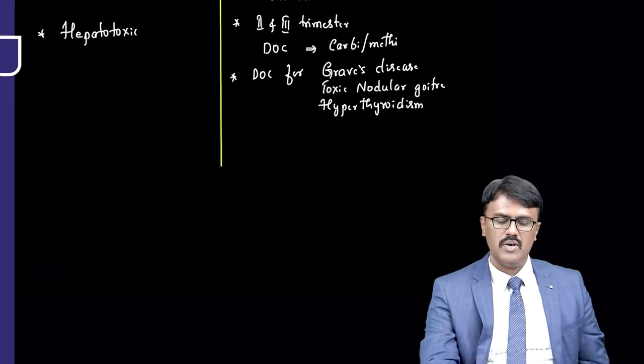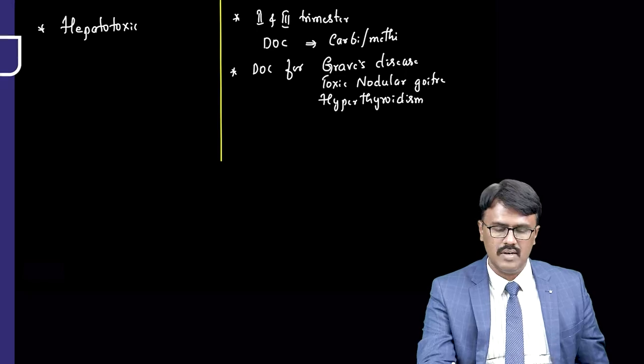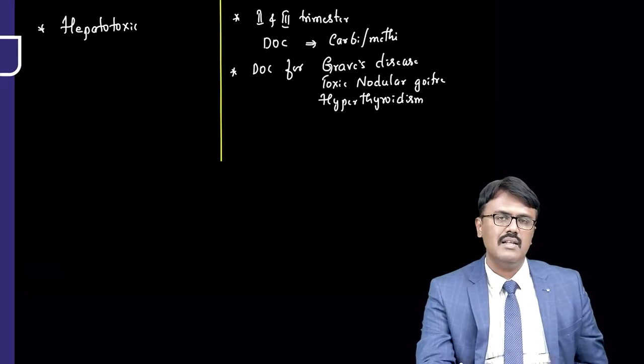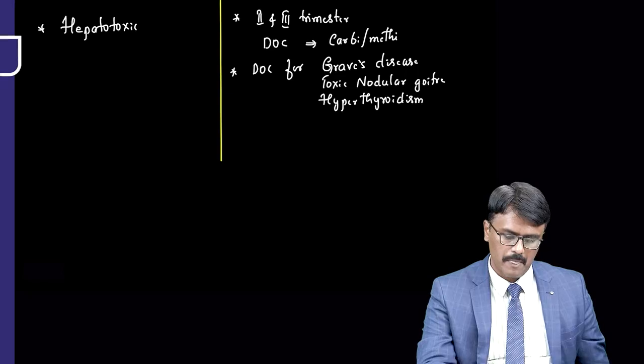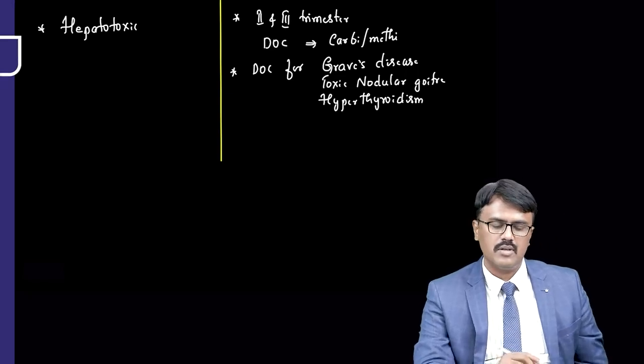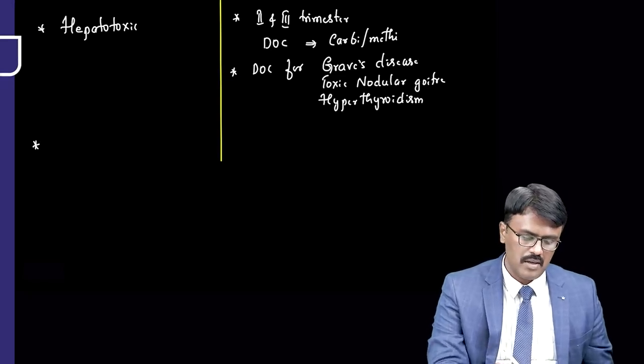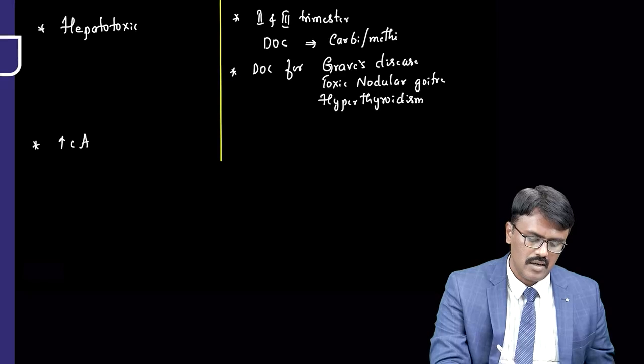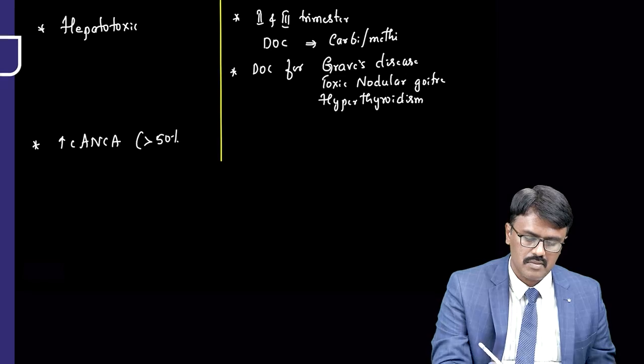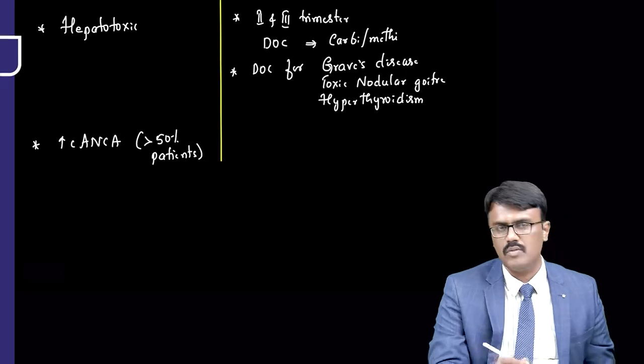The reason is simple, because these are longer acting, that's the advantage, and they stay in the thyroid for a very long period. Now they don't have the hepatotoxic problem. The second important problem is propylthiouracil increases C-ANCA levels in more than 50% of patients. So that is one problem with the drug.